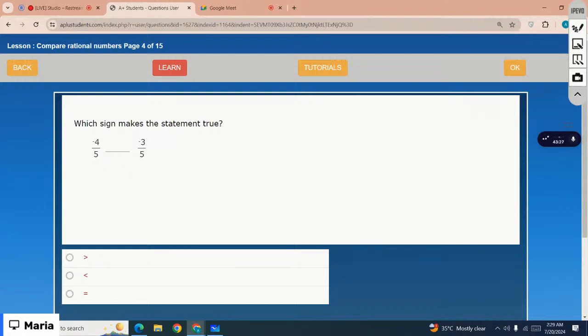Okay, negative 4 by 5, you have to compare it to negative 3 by 5. So which is the correct option? Negative 4 by 5 is less than negative 3 by 5.